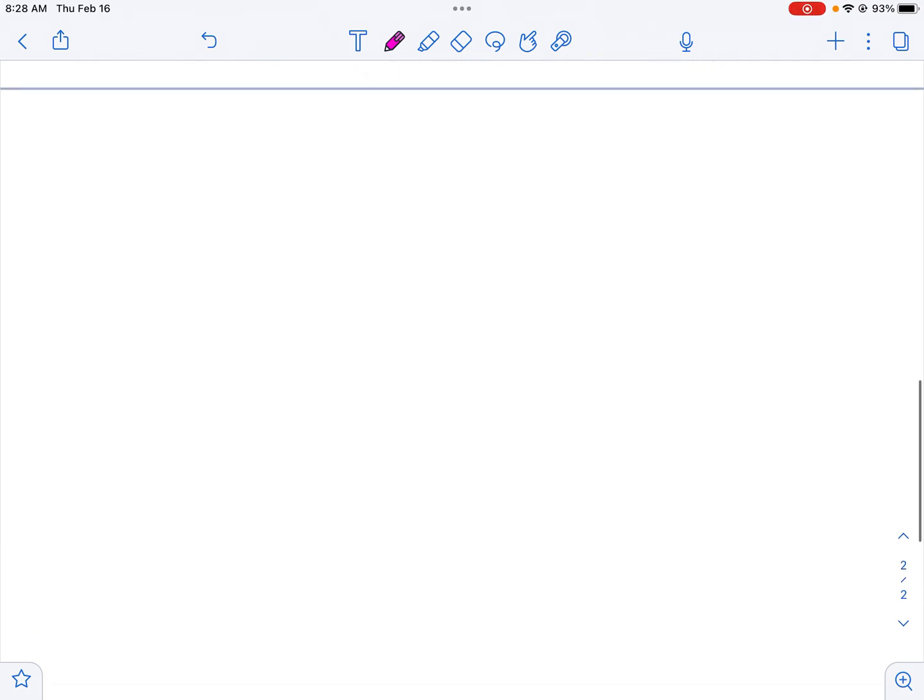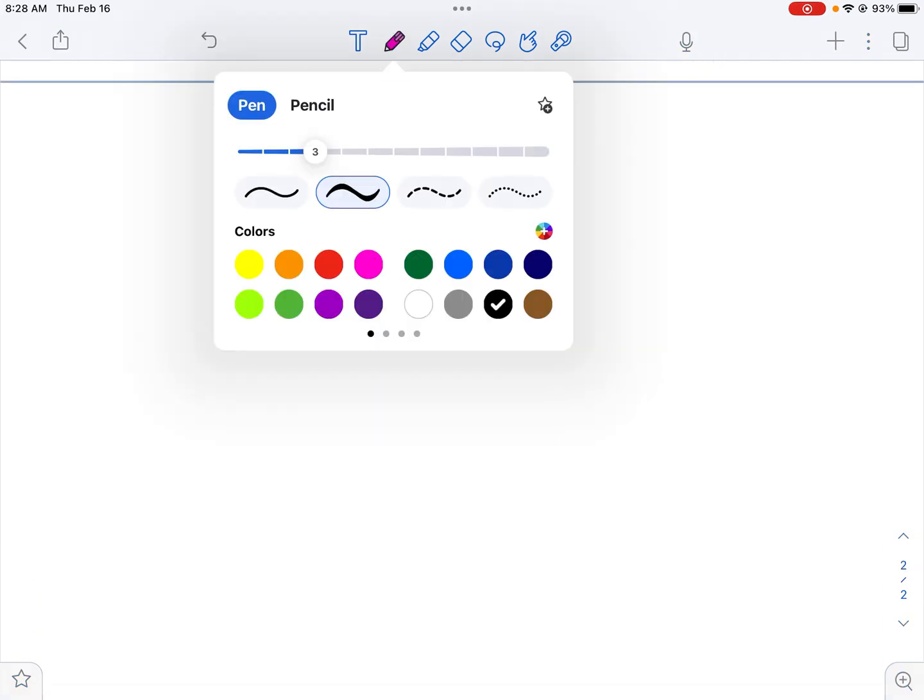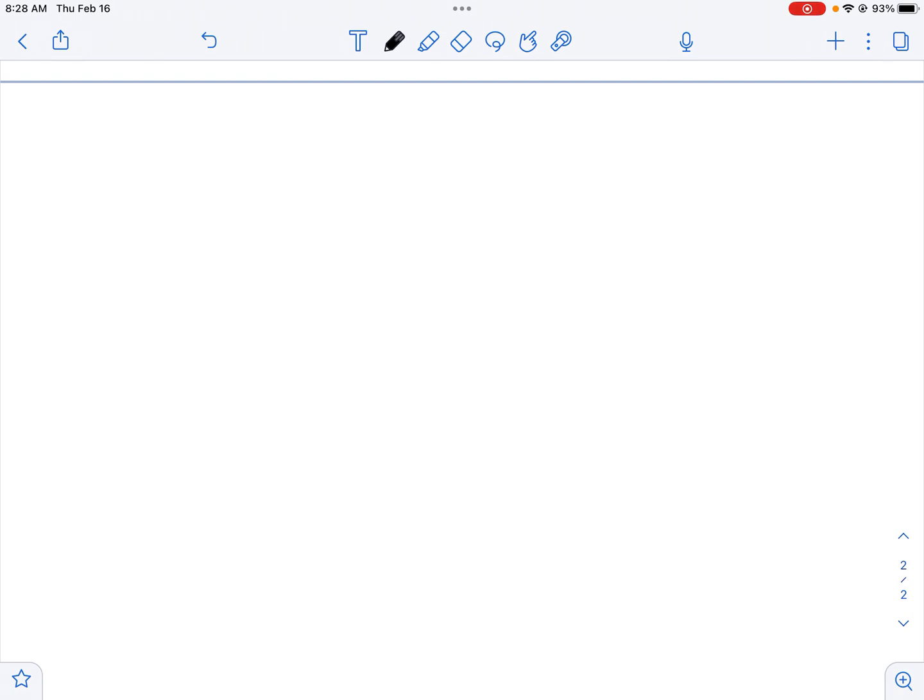Occasionally, I'll give you something like sine of 60 degrees, sine of 120 degrees, sine of 240 degrees, and sine of 300 degrees.